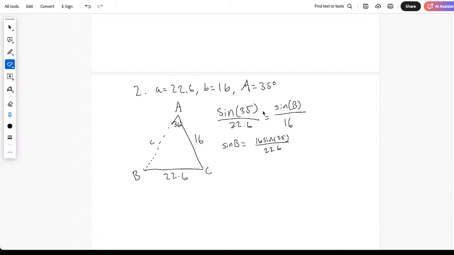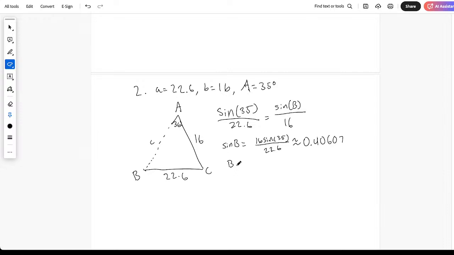So 16 times sine of 35 over 22.6. This is 0.40607.